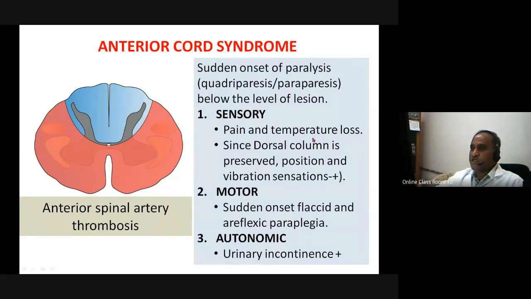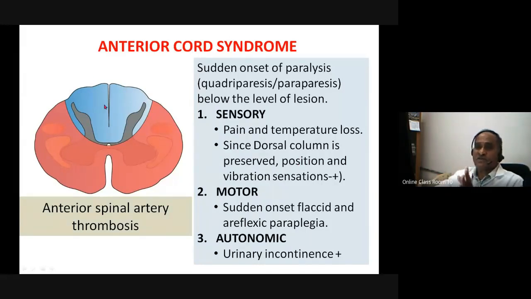That means there is bilateral pain and temperature loss. And the dorsal column, you look at the dorsal column here, it is healthy and spared. It is not being damaged.